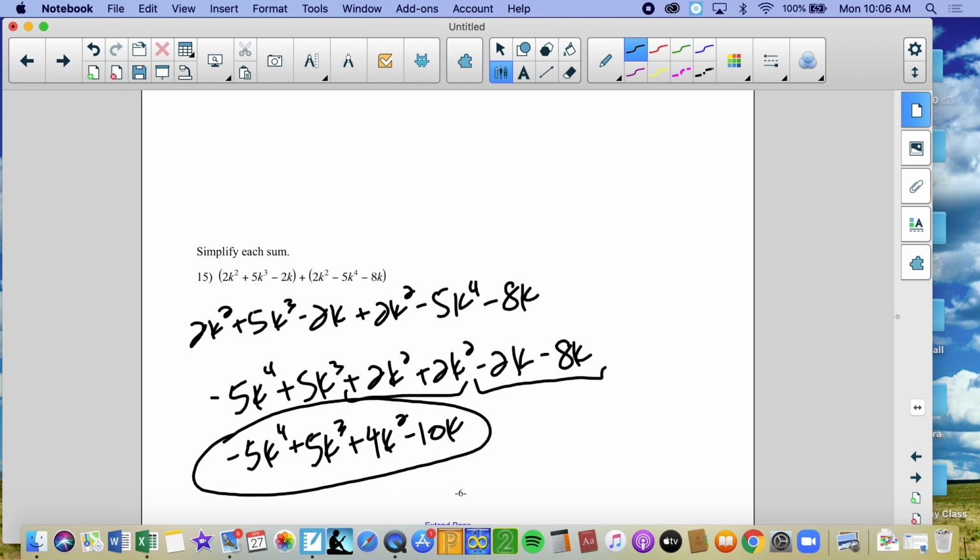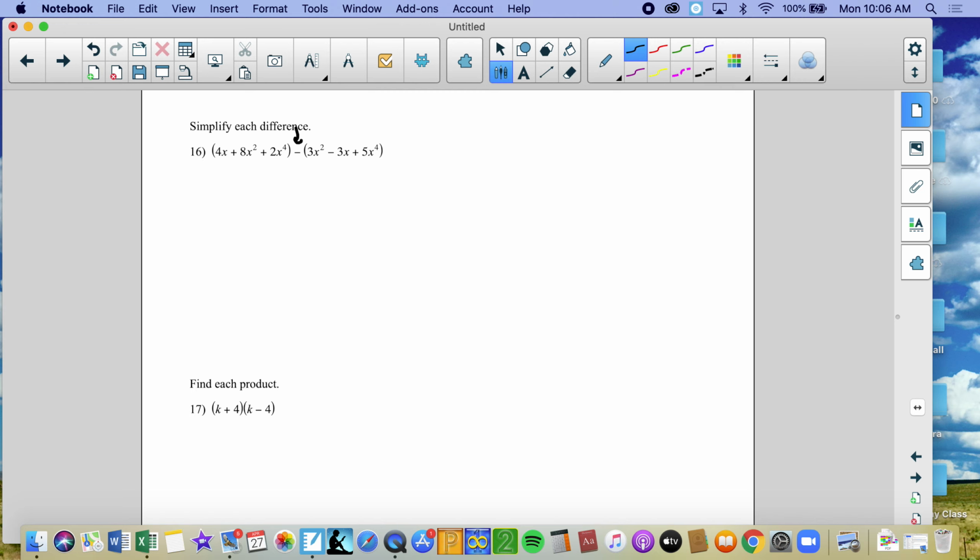Now we're going to subtract. So notice this is subtracting, so we have to distribute this negative into the parentheses. This gives us 4x plus 8x squared plus 2x to the fourth minus 3x squared plus 3x minus 5x to the fourth.